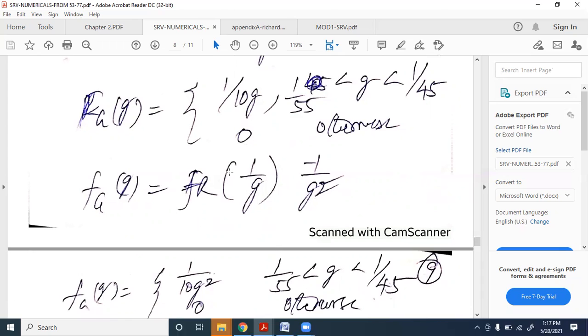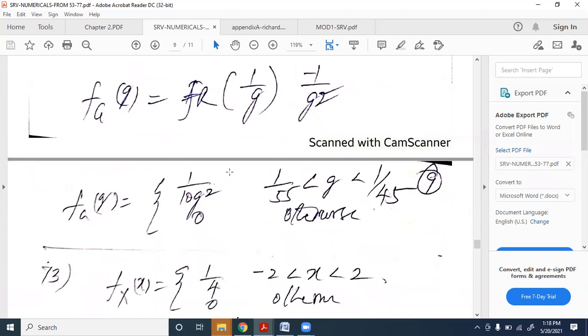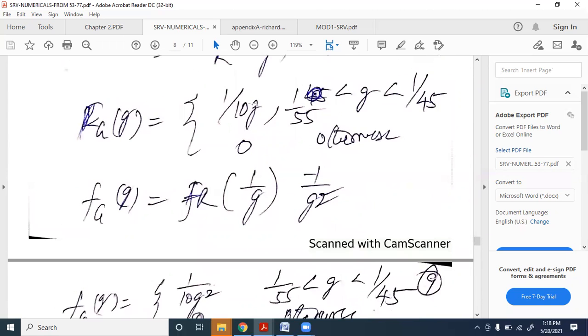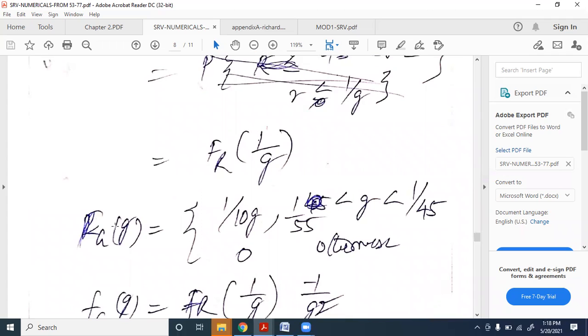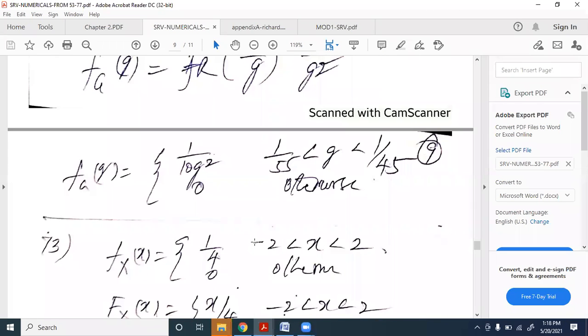So this might be the same thing as f R of 1 by G. We need to write over here, and we'll get 1 by 10G squared for 1 by 55 less than G less than 1 by 45.